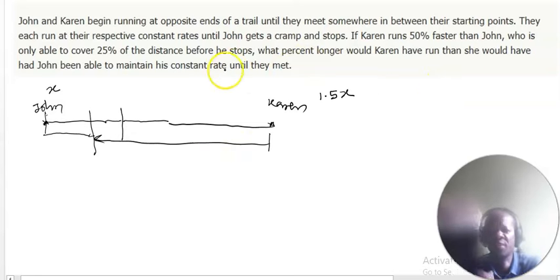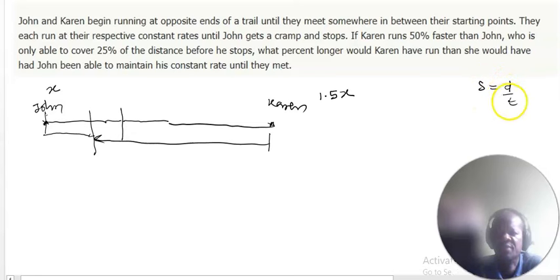So you can see that this particular question is testing a deeper understanding of the concept of rates and ratio. So now we know that speed equals distance over time. So from this formula, we can see that speed and distance are directly proportional. So I can use that concept to find out the ratio of their distance.